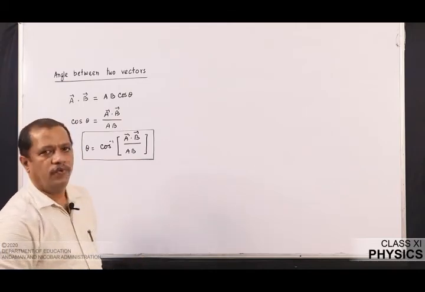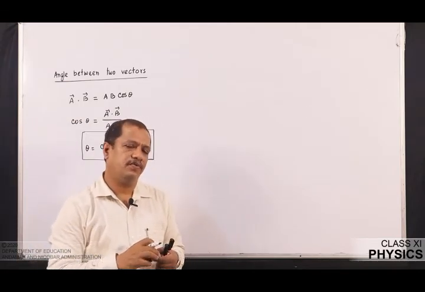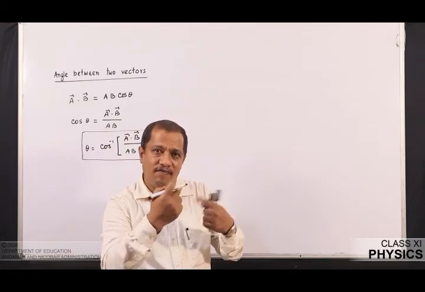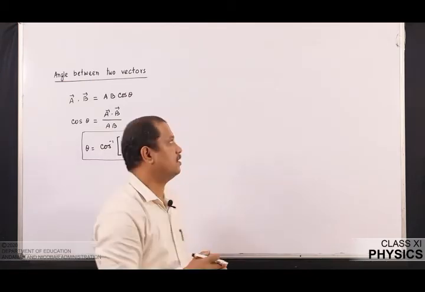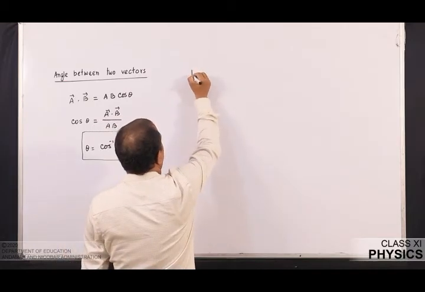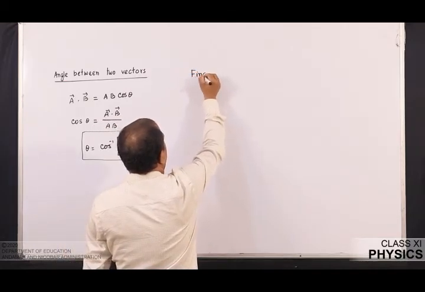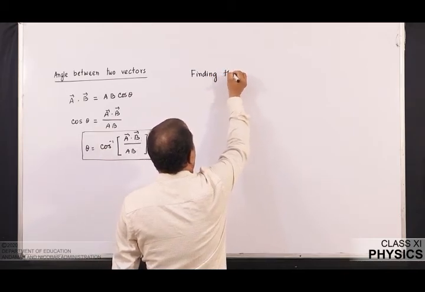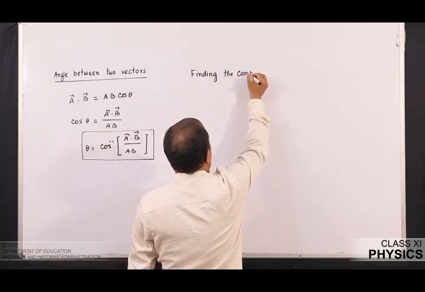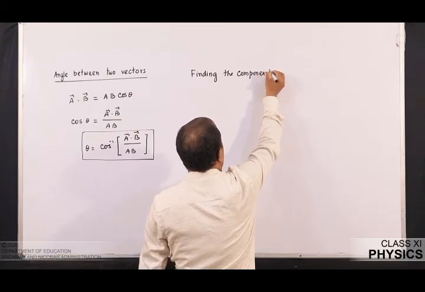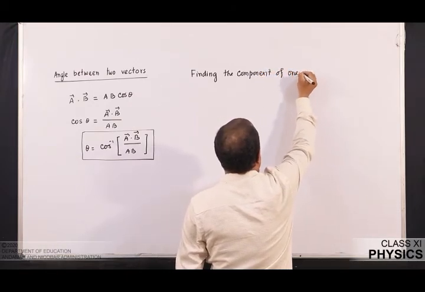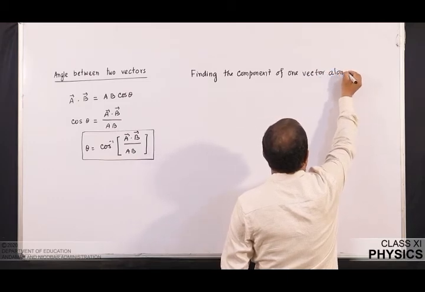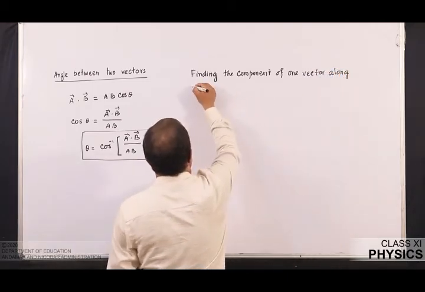So using this expression, we can find the angle between two vectors. Next, we can also use this dot product to find the component of one vector along another vector.